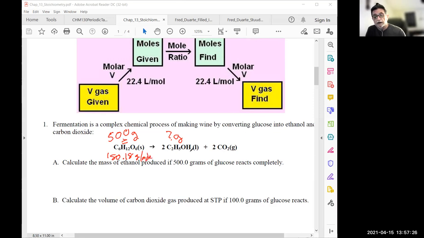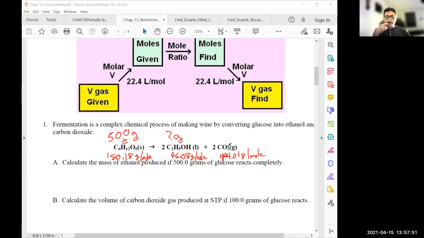Ethanol has 46.08 grams per mole. And carbon dioxide has 44.01 grams per mole. So I went ahead and did all of them just in case there are other questions that I need.